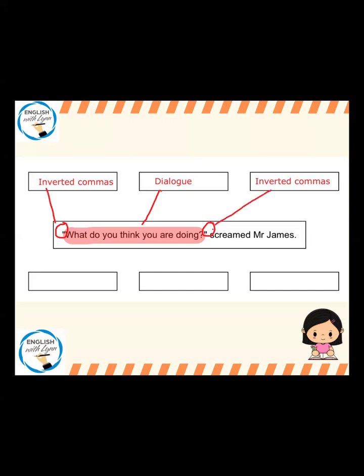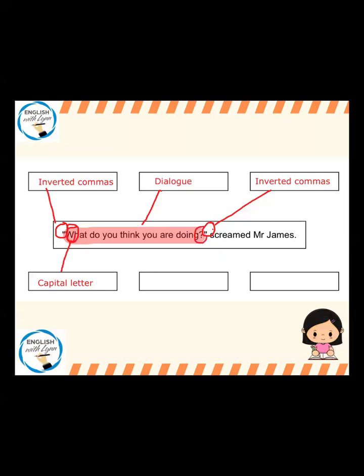Now the next rule that we learned, it starts with a capital letter. So let me circle my capital letter, and I'm going to write that underneath. So it begins with a capital letter. Okay. And looking at the end of the speech, I have a question mark.